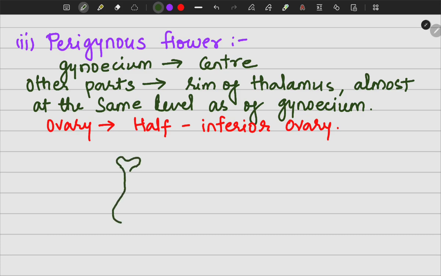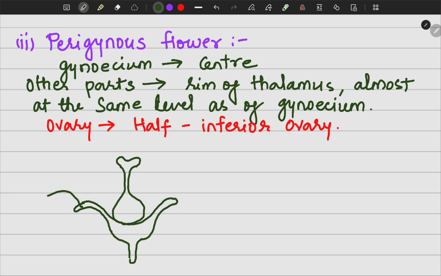So first we will draw the gynoecium. Gynoecium will be at the center of the thalamus, and the other parts will be situated almost at the same level to that of the gynoecium, but they will be at the rim of the thalamus. So rim of the thalamus will be this part towards the end. So we will draw the other structures here.